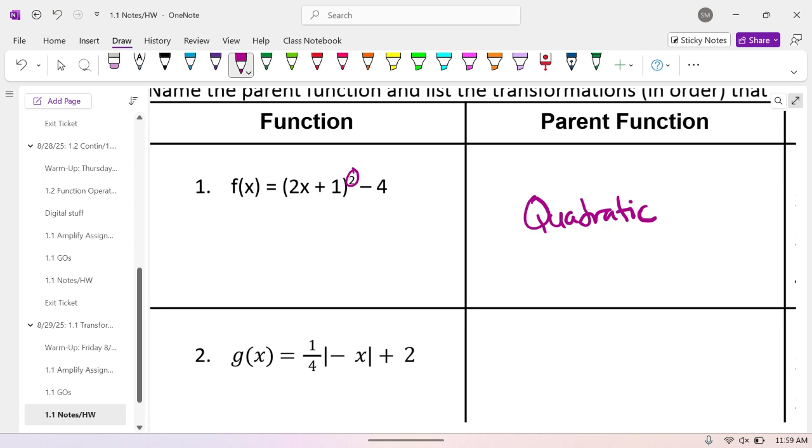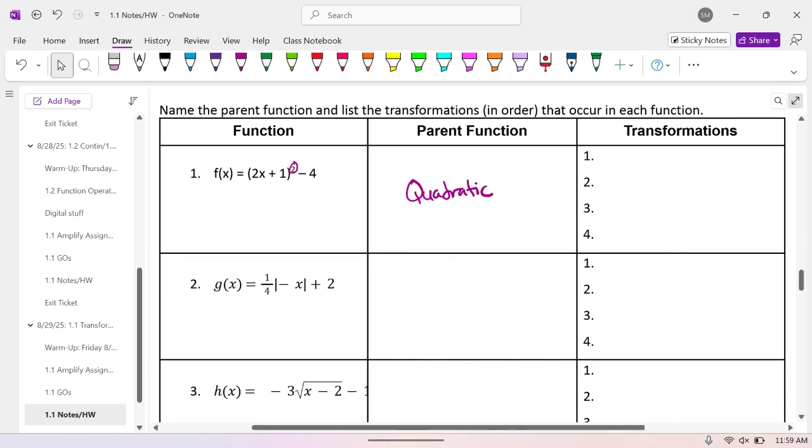All right. Now, we're going to go down the line like it's listed on your graphic organizer. So we're going to start with horizontal transformations. This one is a little bit weird, because technically speaking, if you have a 2 right here, that also affects this 1.